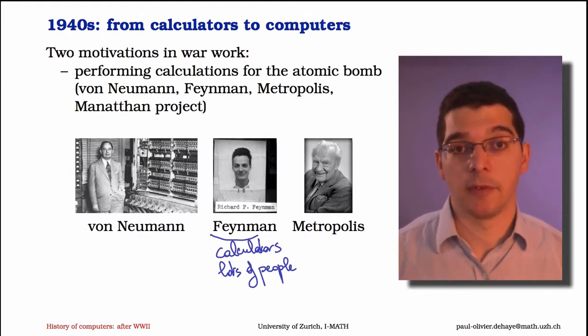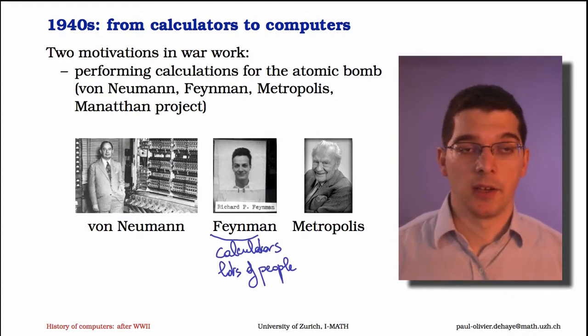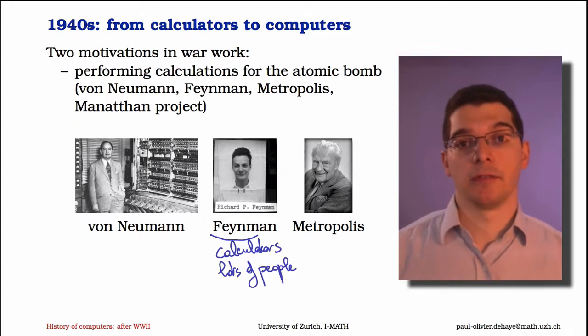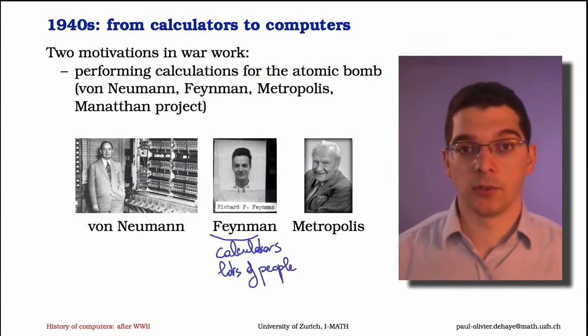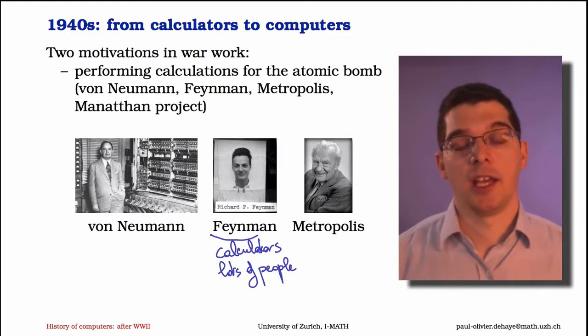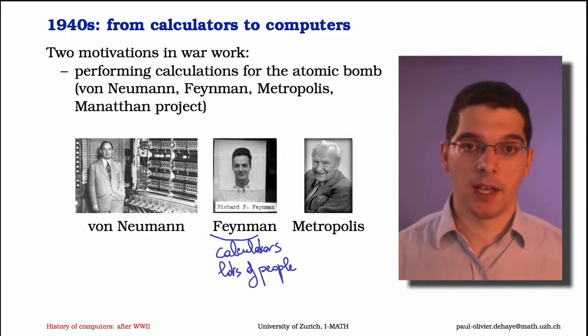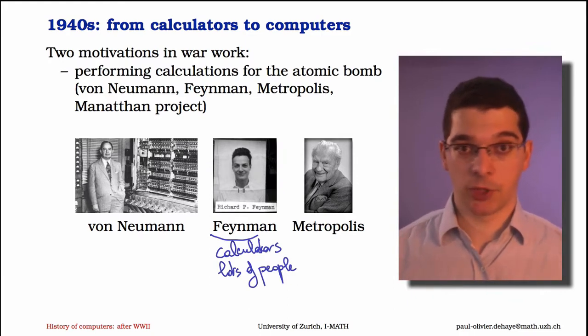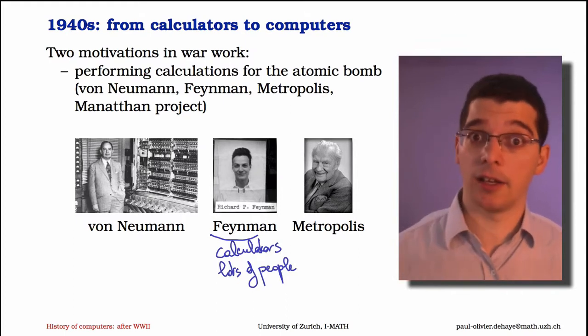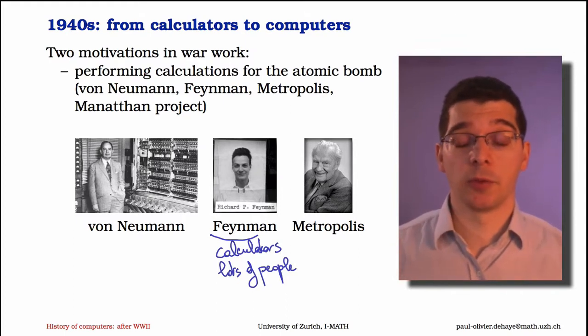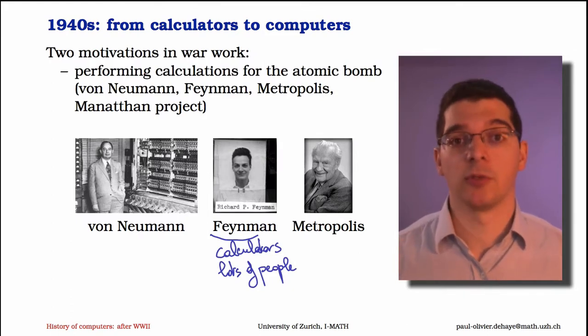Now, the first step of Feynman's reasoning was to realize, wait, we can reorganize those calculations differently. We can tell one person to start computing square roots all day. Then we take a sheet of paper and put on it a number for which we want to compute the square root, and that person would do it.